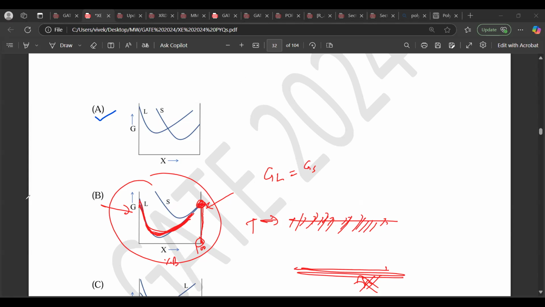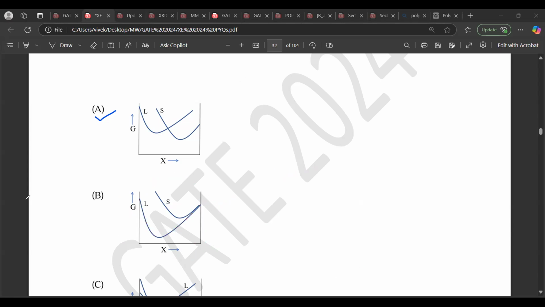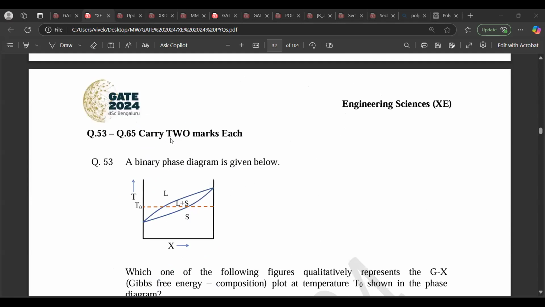Which temperature is that? Just check from the phase diagram and tell. It's saying across all the composition my solid is there, but at 100% I have both liquid and solid.